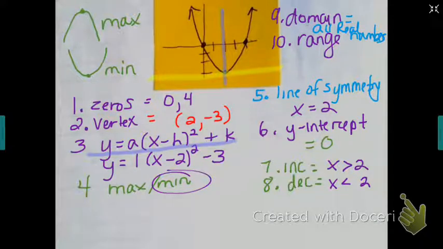Because here's the line and the graph is above it. So for the range, we ask what y value that line goes through. -3. So the range is y is greater than or equal to -3.